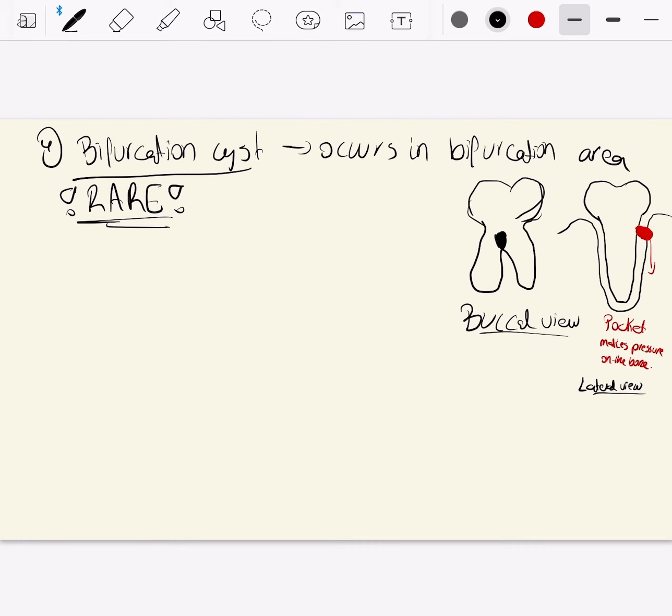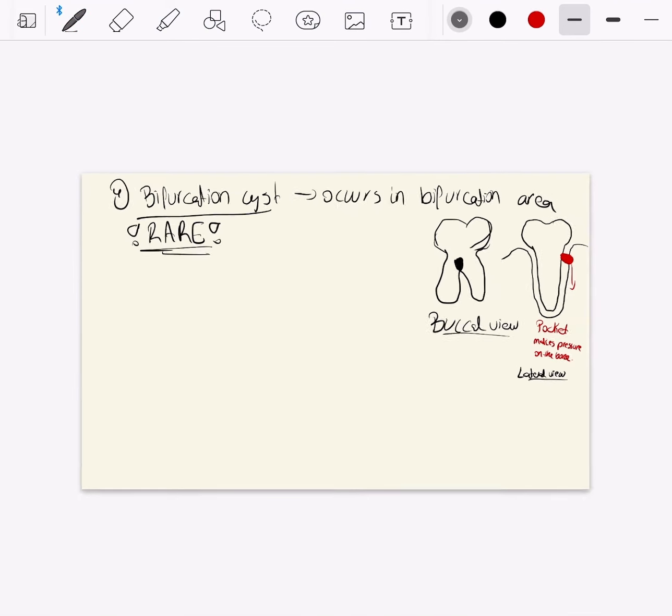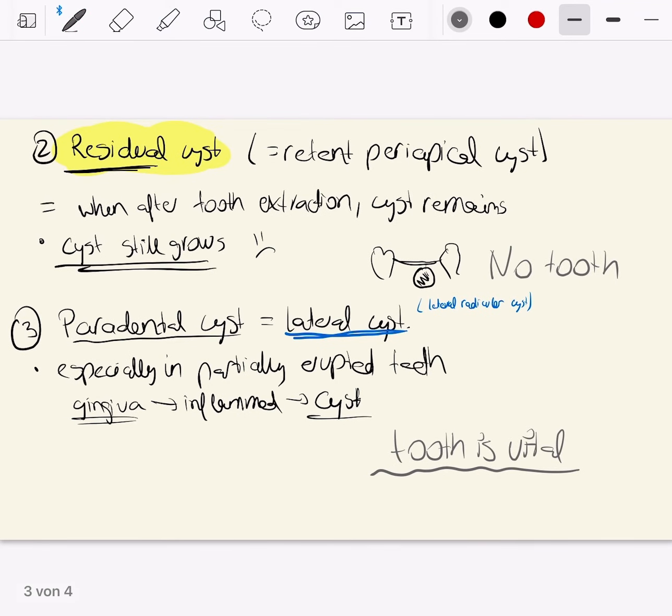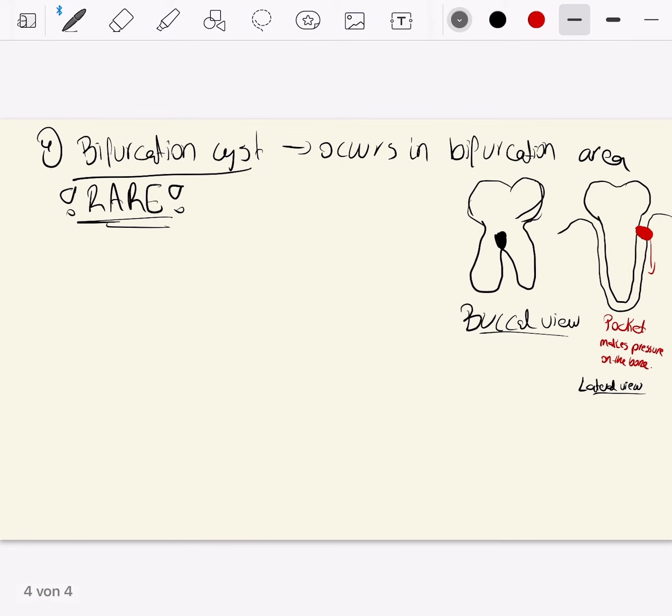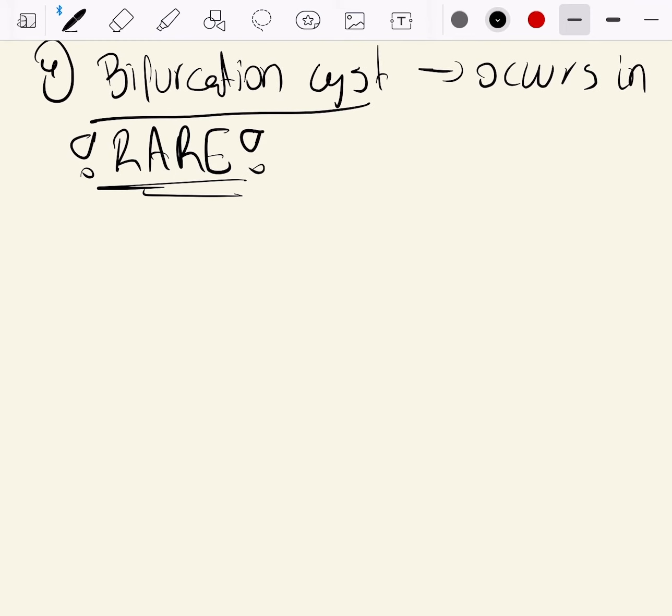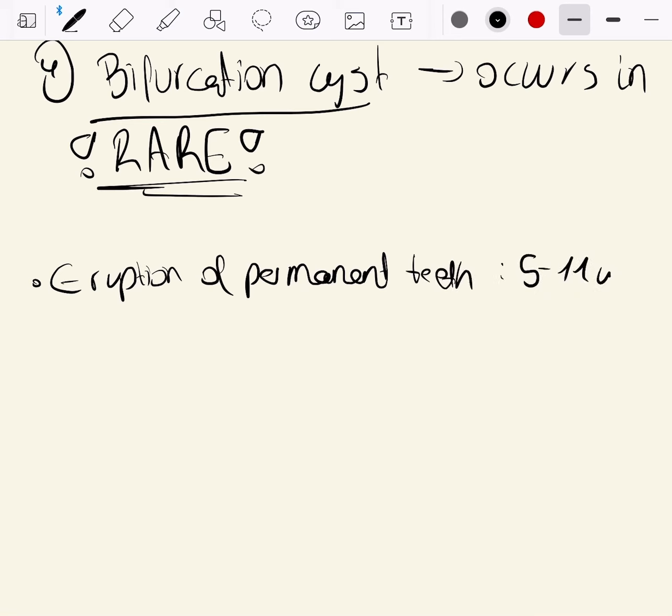The clinical features are 5 to 11 years. It's actually the same reason as the paradental cyst, during eruption of permanent teeth, 5 to 11 years.